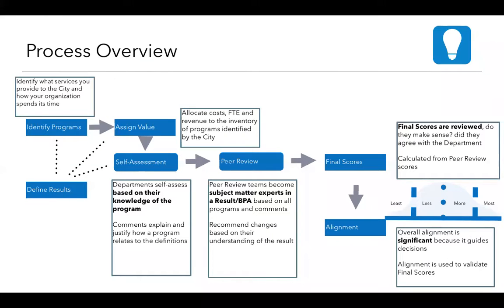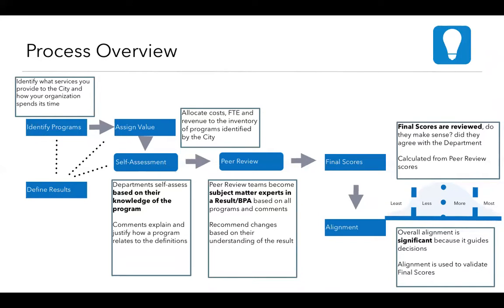Again, for those who are unfamiliar or just need a refresh on the process that we have been going through, we start with the program identification. Kind of in tandem with that, we start the results definitions process. That has continued until we started the department scoring. So we go with identifying our program inventory.